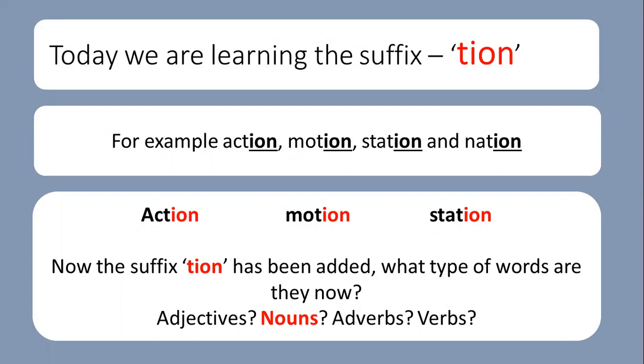The adjectives, nouns, adverbs, or verbs? What's the type of action? Is action a verb? Is it an adverb? No, they're going to be nouns. So the suffix tion, its type is nouns.